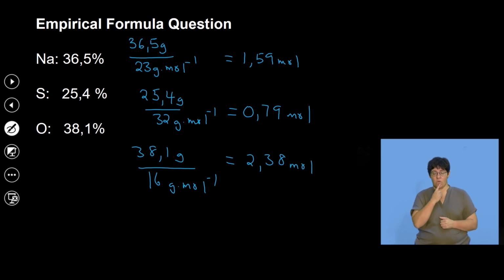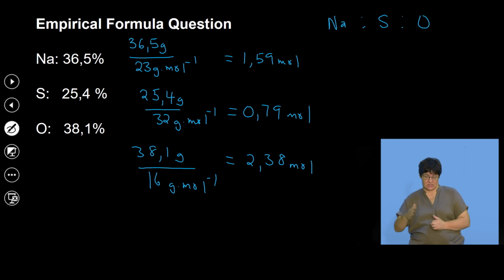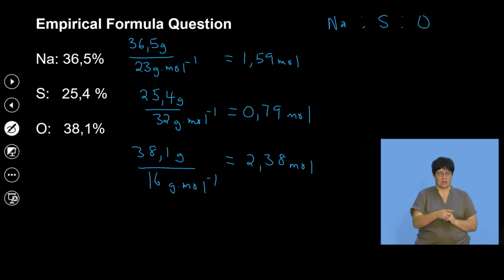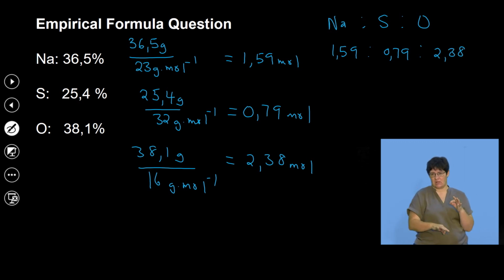Now, if we are to express the ratio in terms of sodium is to sulfur is to oxygen, we have got 1.59 is to 0.79 is to 2.38, okay?